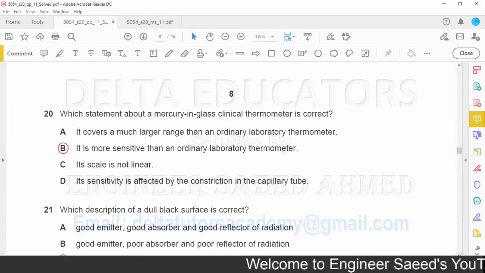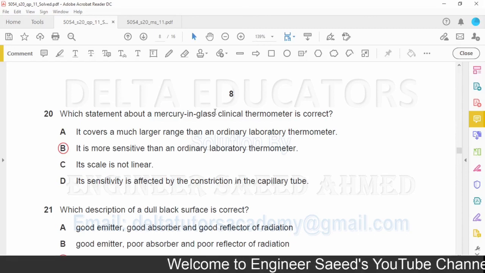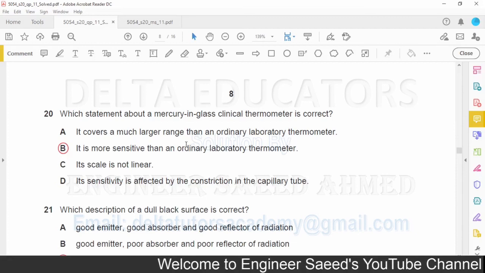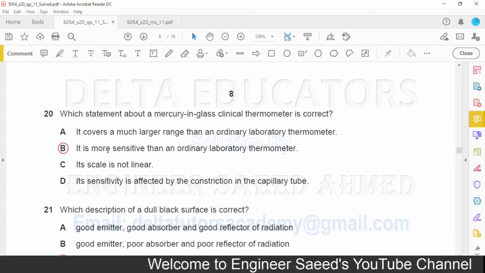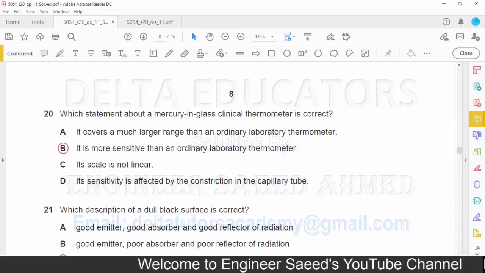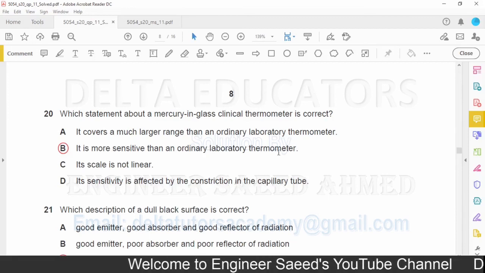Option D, its sensitivity is affected by the constriction in the capillary tube. Here our correct option is option B. The clinical thermometer is very sensitive because it is used to measure the body temperature. So it is made a sensitive thermometer. So the option B is correct. It is more sensitive than an ordinary laboratory thermometer.